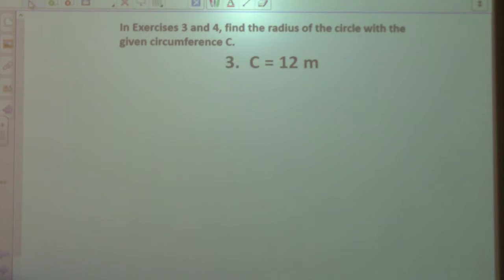Now, in problems 3 and 4, you're given a circumference, but then you're going to work backwards to find the radius. So I'll call on somebody for number 3.